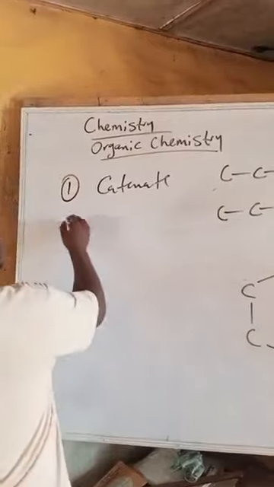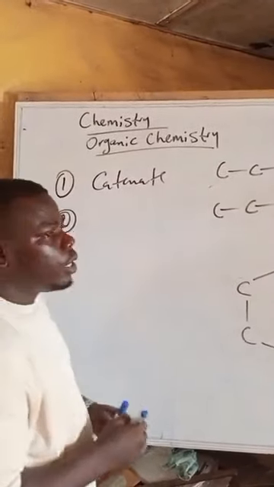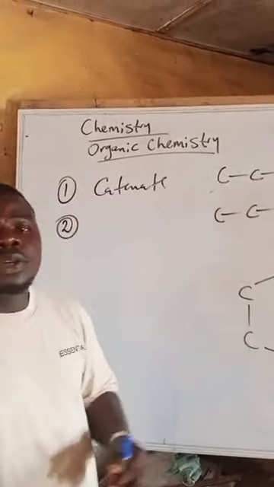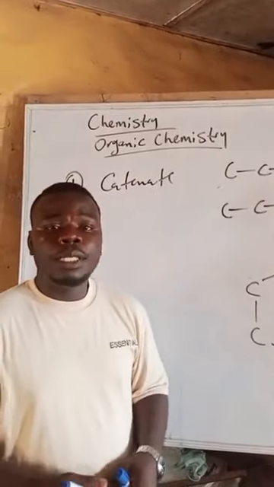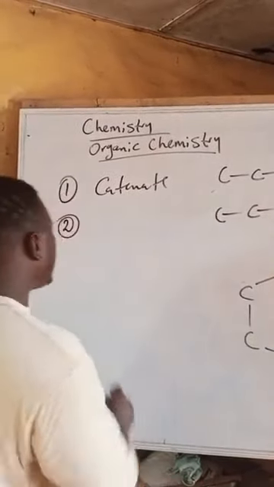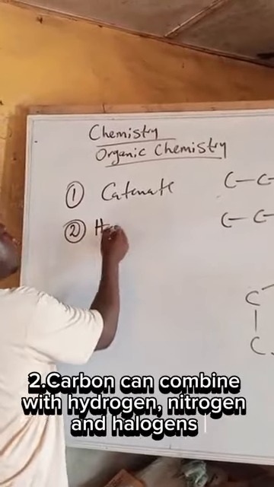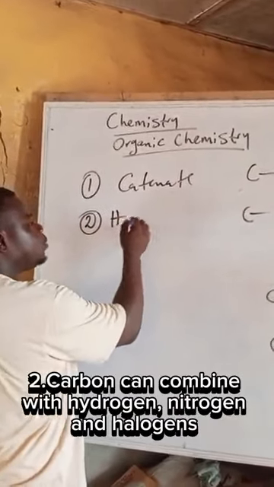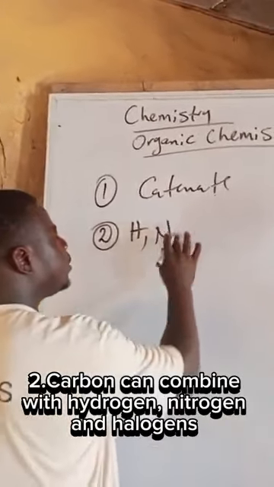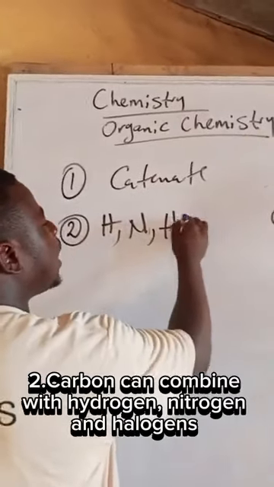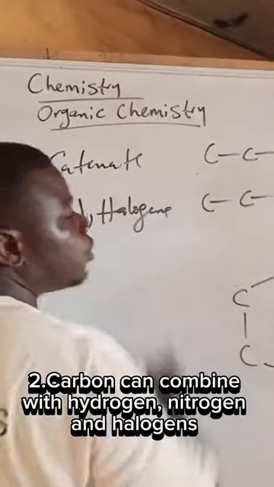Now, number two reason why carbon is regarded as the major element in organic chemistry is that carbon can combine with hydrogen, can combine with nitrogen, and can combine with all the halogens with ease.